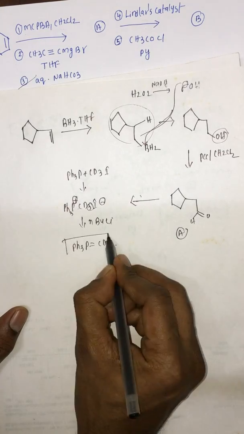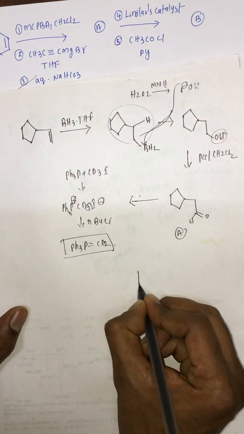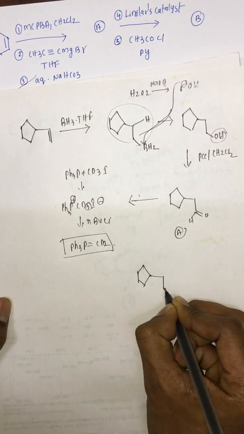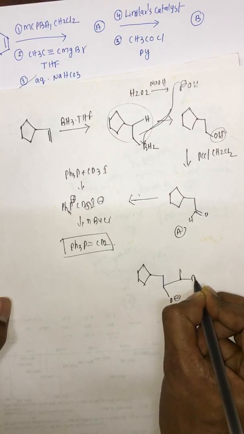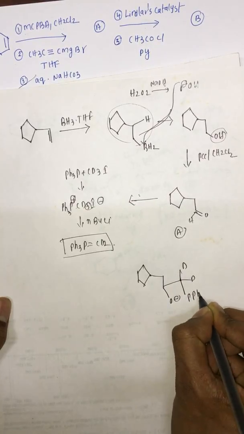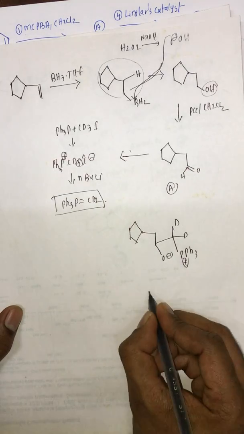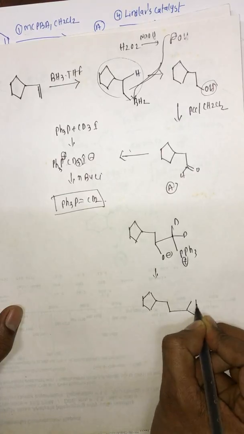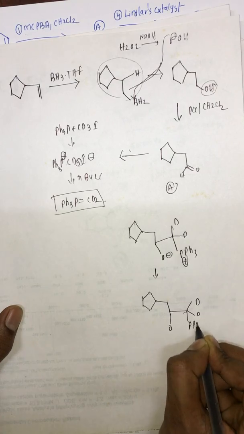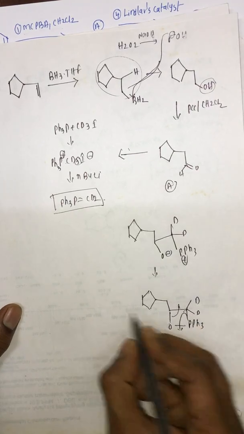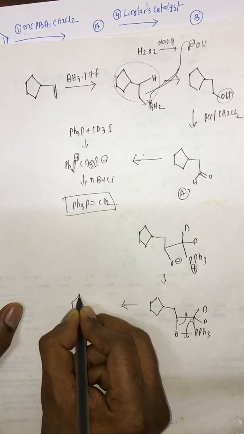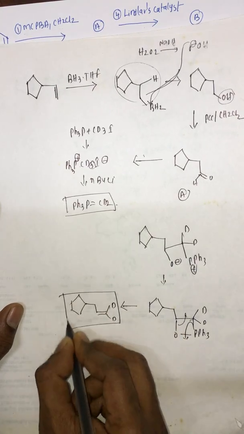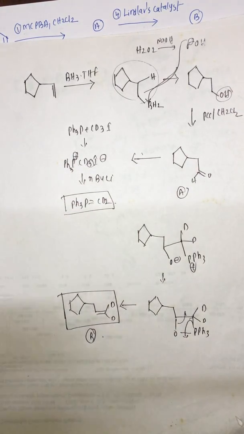Now this goes and reacts with this carbon, so we get O minus, CD2, and PPh3 plus, and the reaction goes on to deuterium and O PPh3. Now removing Ph3PO leads to the formation of the deuterated alkene. This is the product we'll get. I hope everything is clear.